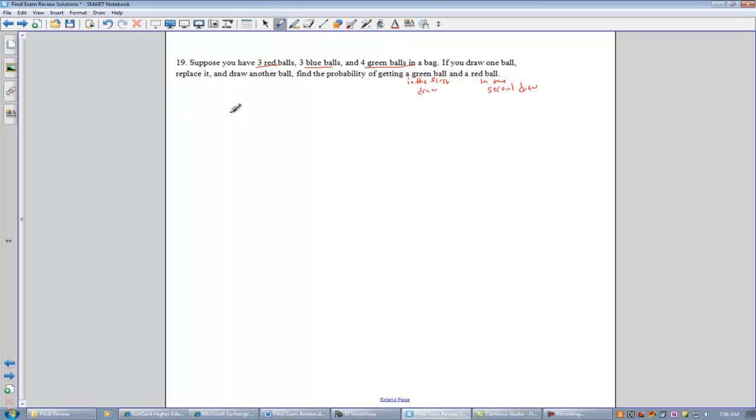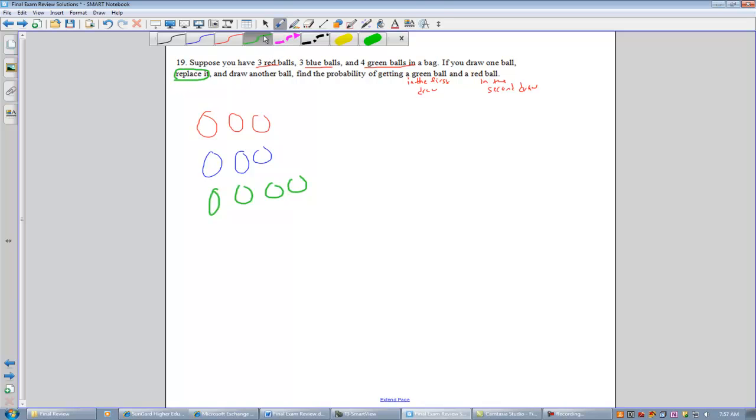All right, so let's draw some pictures here. Let's draw 3 red balls. So here's 3 red balls. And then let's draw 3 blue balls. So here's 3 blue balls. And then 4 green balls. So here's 4 green balls. And notice after each draw, we are replacing this. And I have really 2 events. All right, so this will be my event A. I draw a green ball in the first draw. And then I draw a red ball in the second draw.